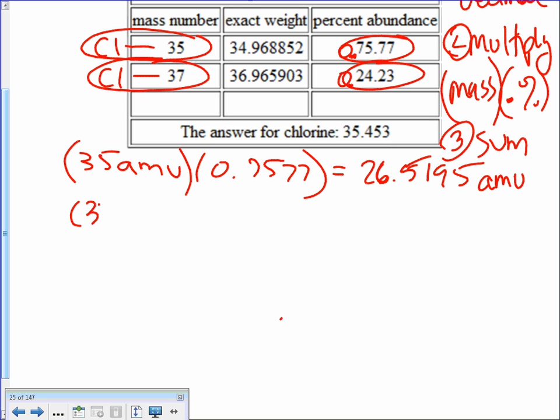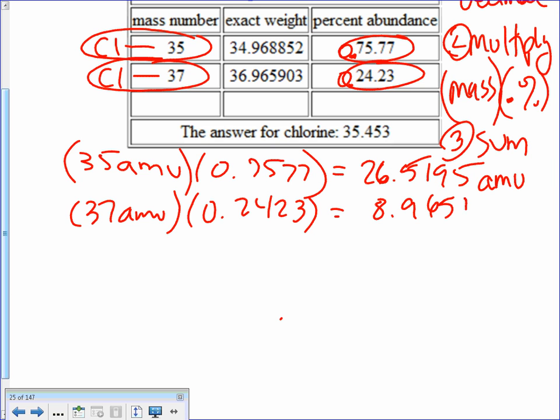Second one, 37 AMUs times 0.2423. What you guys get? 9.6551 AMUs.